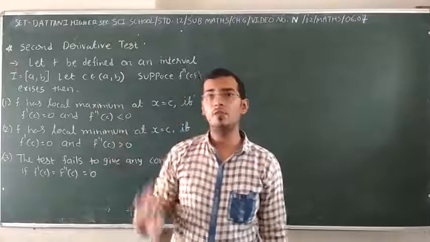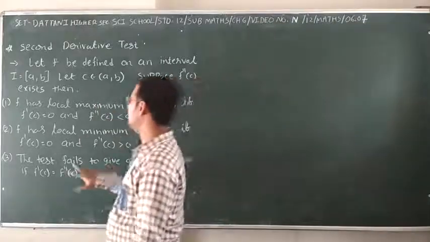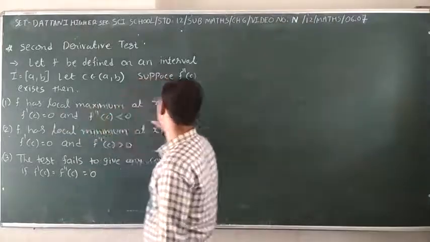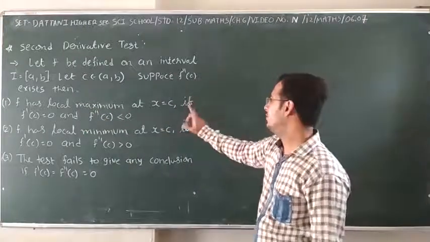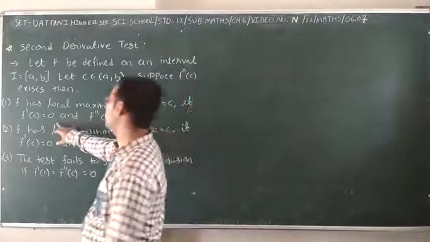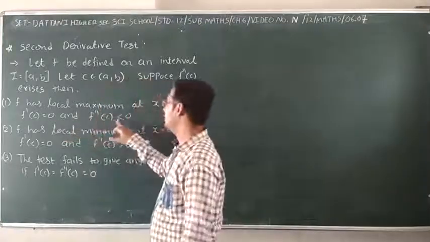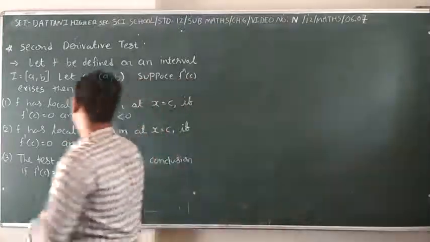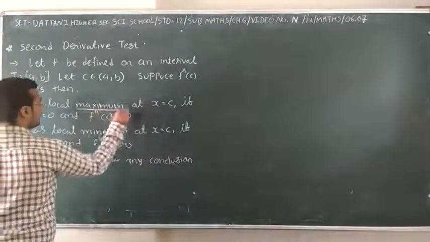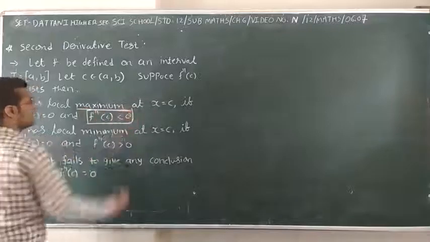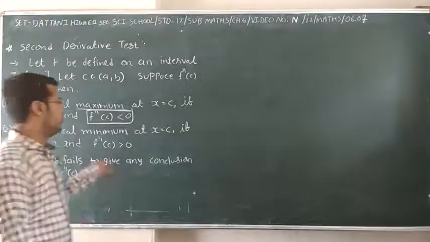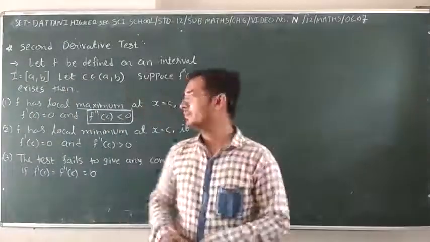First, f has a local maximum at x equal to c if f dash c is equal to 0 and f double dash c is less than 0. If you get the maximum value, then f double dash c becomes less than 0. Make sure you remember these things.